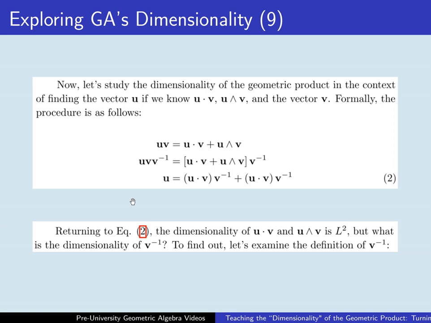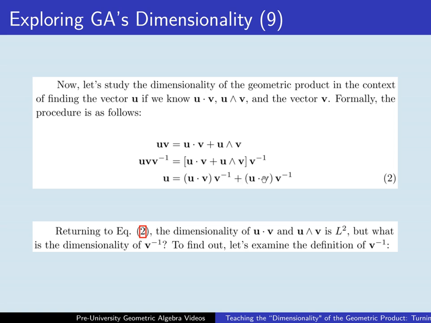But again, looking at the dimensionality, what is going on here? This factor u dot v has dimensionality L squared. U itself is just of dimensionality L. And so what is the dimensionality of the inverse of v?